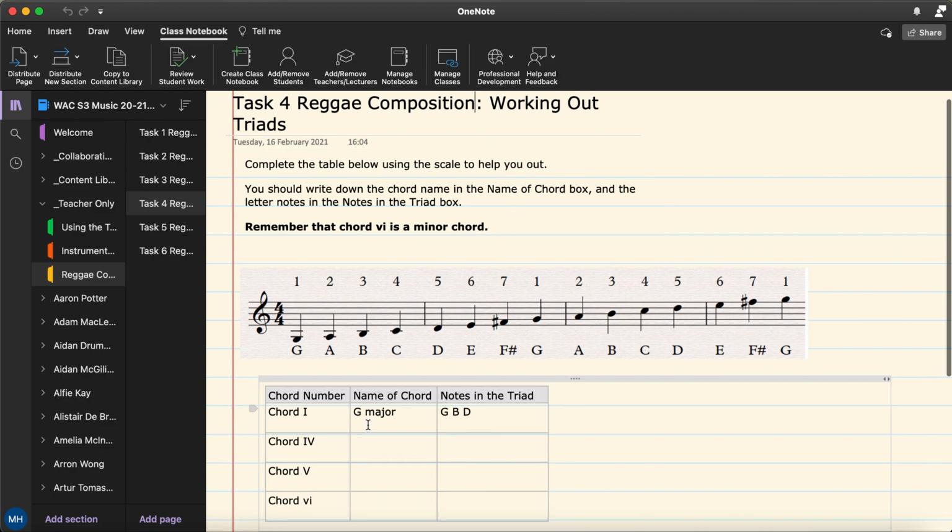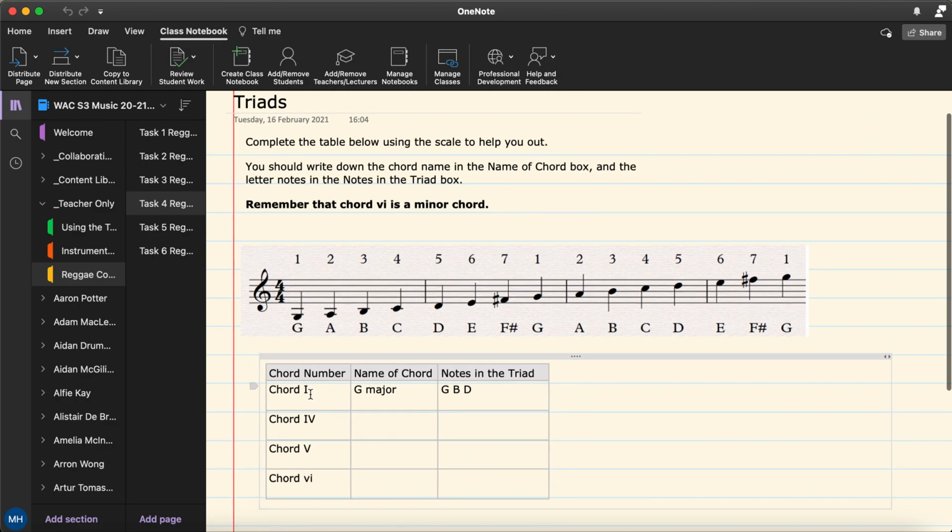I've already done the first one for you. Chord 1 of this scale is G major, and the notes in the triad are G, and I skip a note, B, and then I skip a note, and D. So those are my notes in the triad.